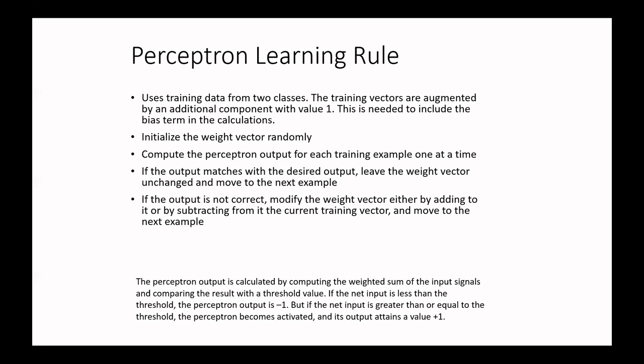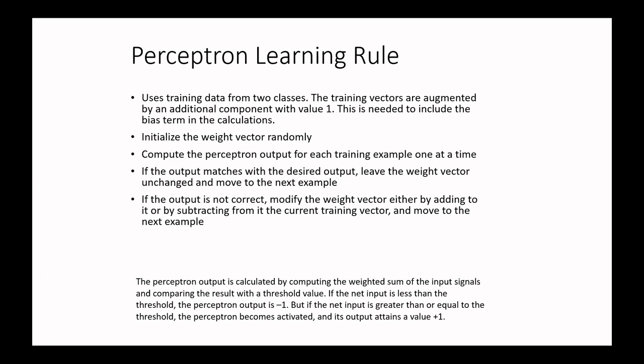The reason we add or subtract is that if an example is from the positive class, or class 1, the perceptron should have produced a positive output so that thresholding is done properly.